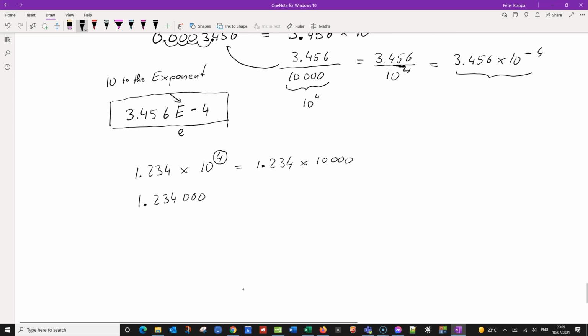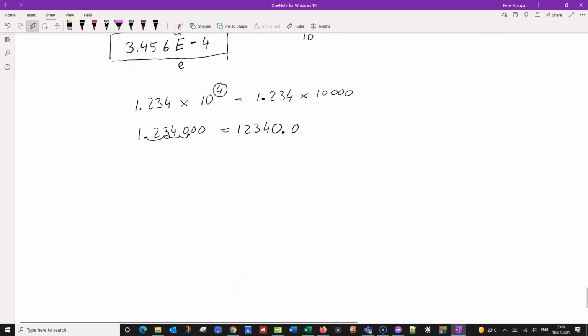So we move 4 places to the right. So 1, 2, 3, 4. And now our decimal point would be here. So this would be converted into 1, 2, 3, 4, 0. And our decimal point would be here. So that would be 12,340.